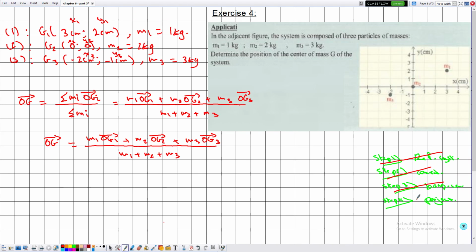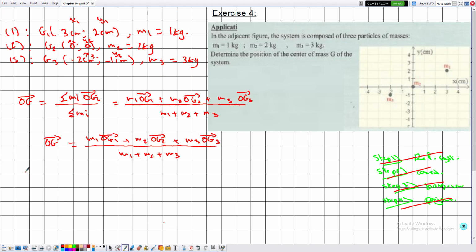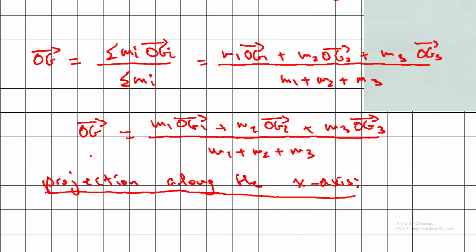So whenever we project along the x-axis and the y-axis, it will give birth to 2 equations. First let's project on the x-axis. How do we project along the x-axis?